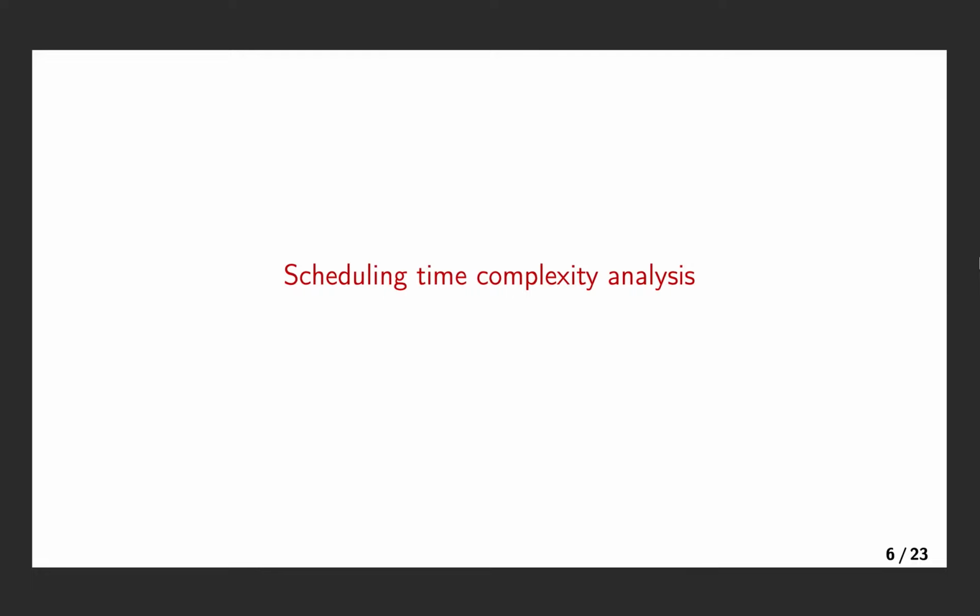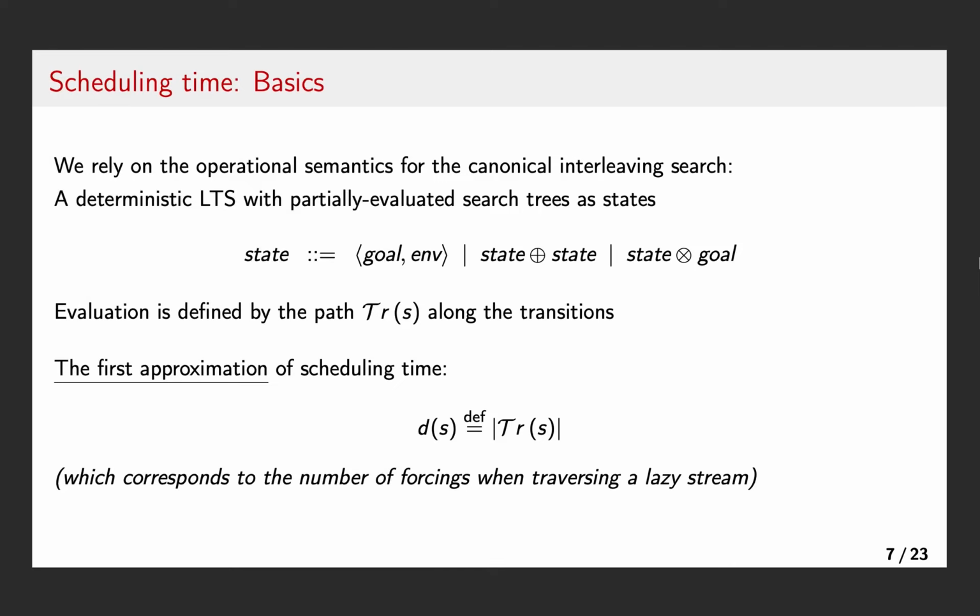analysis of scheduling time. To analyze the behavior of the search, we rely on an existing operational semantics for the interleaving search. It's a deterministic labeled transition system with partially evaluated search trees as states. Leaves are goals we need to execute, and nodes correspond to mplus and bind.